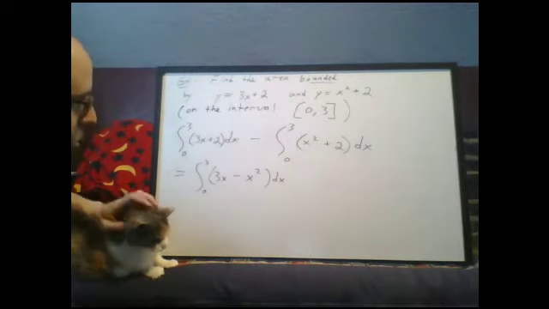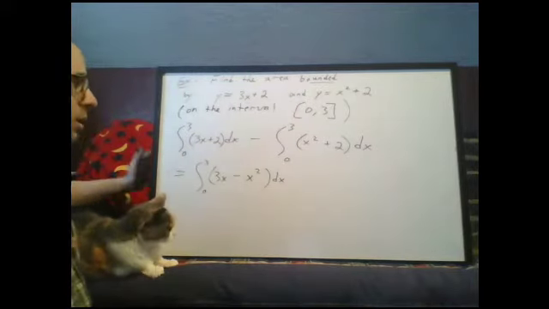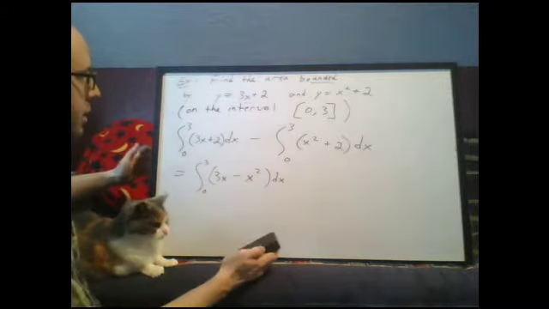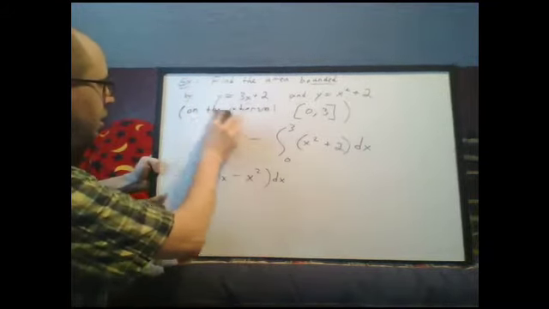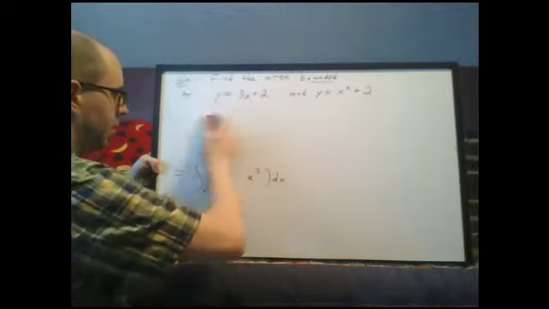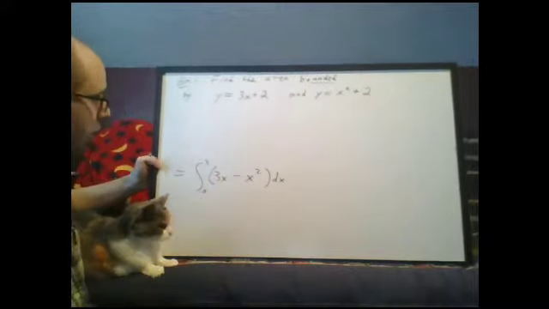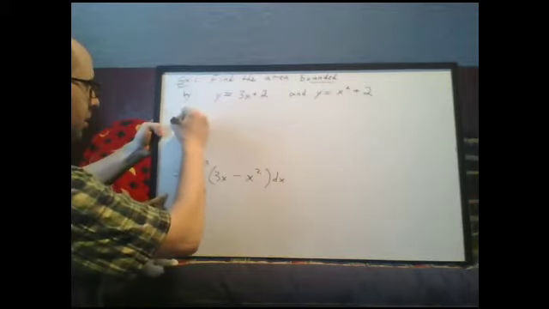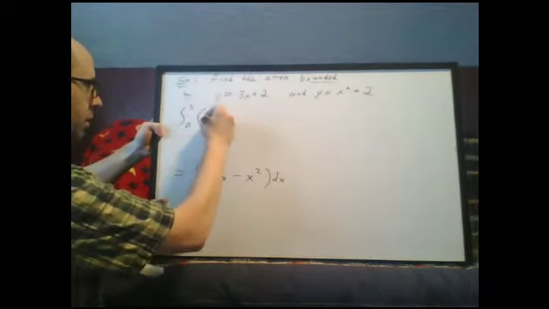Let me give myself some more space this time. So I want to integrate this. So let's erase this extra stuff. I'm just going to recopy it and then have the rest of the board to work.